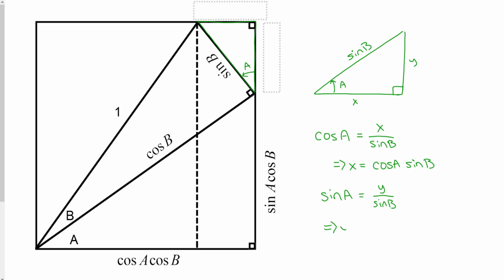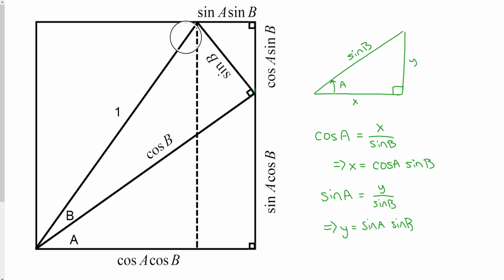So that means Y is equal to sine A sine B. All right, so that's what I have here and here. So X is cosine A sine B, Y is sine A sine B.